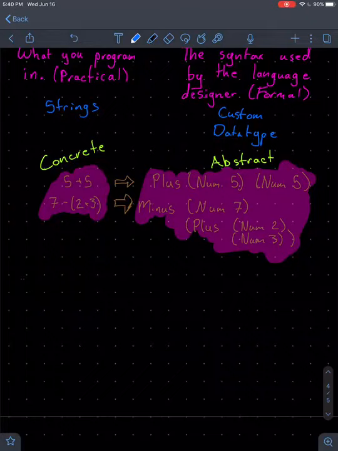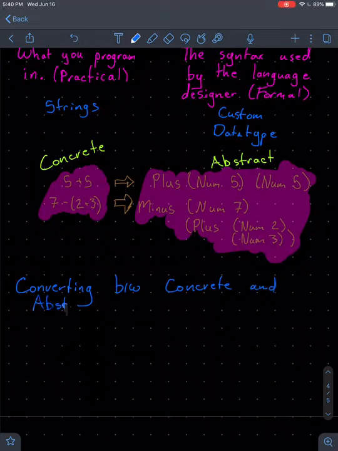Converting between concrete and abstract syntax. Strictly speaking, it's a type of interpreter, but not specific enough. Yeah, so Brian comes in again. It's called parsing. When I parse a string, I'm converting it into some kind of abstract syntax.